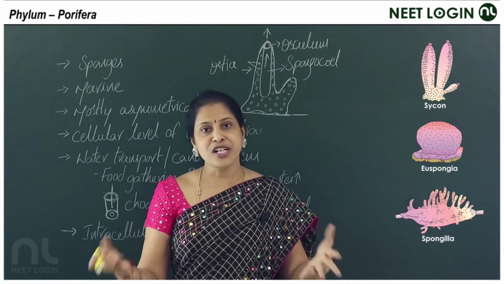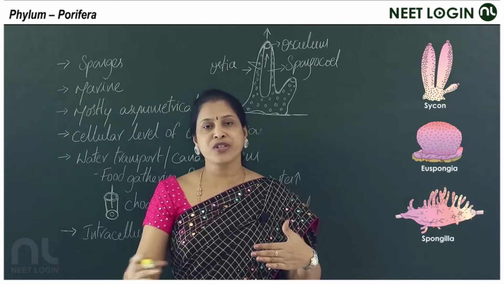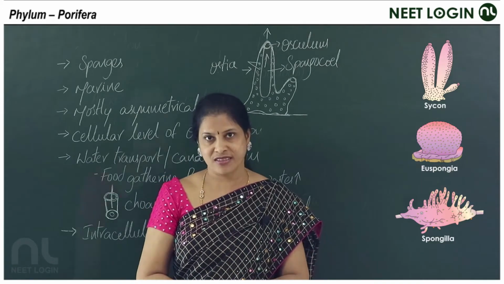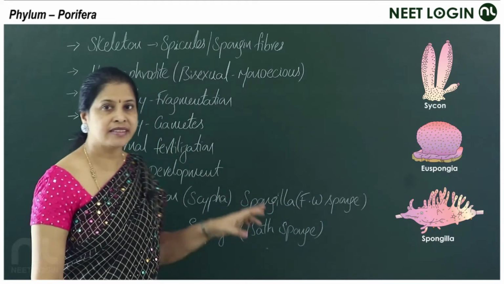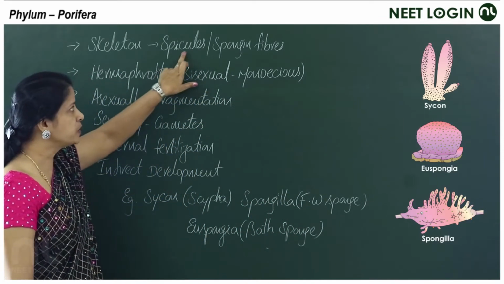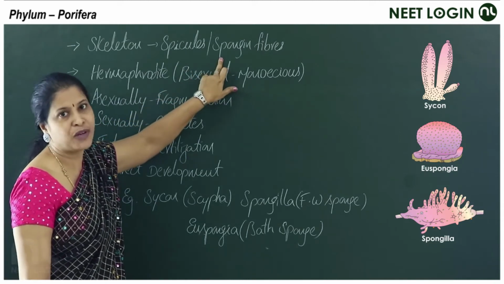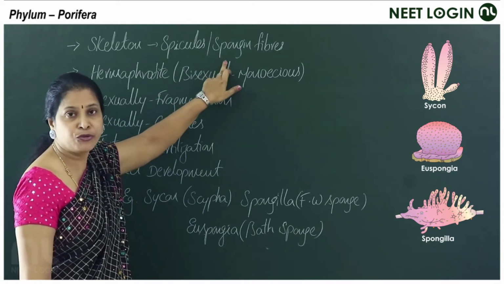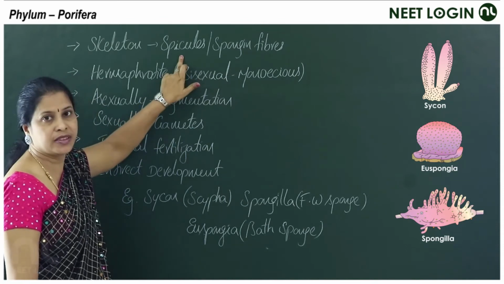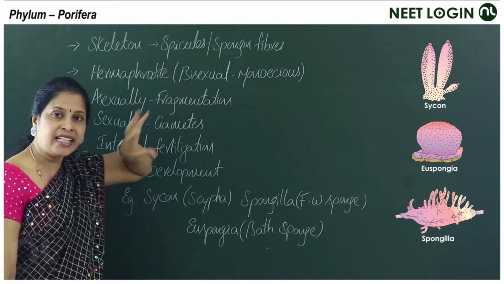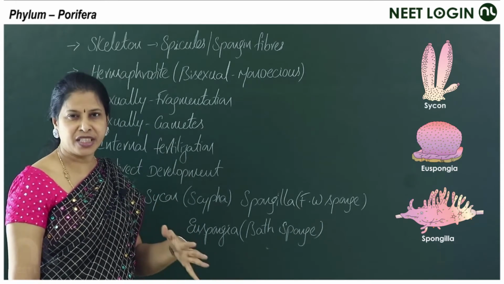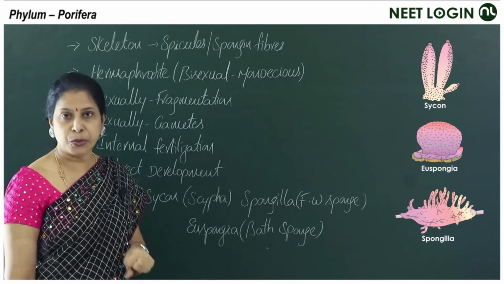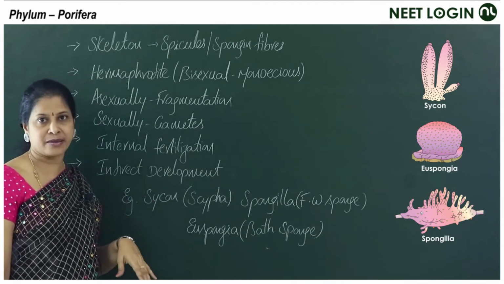The cells are functionally isolated; different cells perform different functions. The body of poriferans is supported by a skeleton made up of spicules or spongin fibers. These are protein fibers and the spicules. The skeleton gives support and protection to the organism.